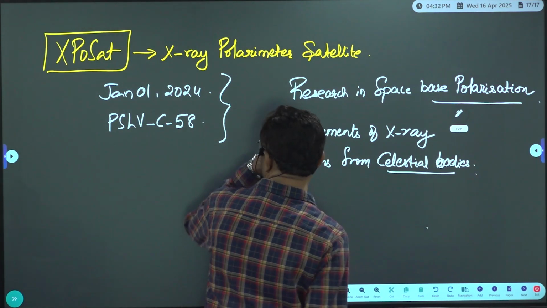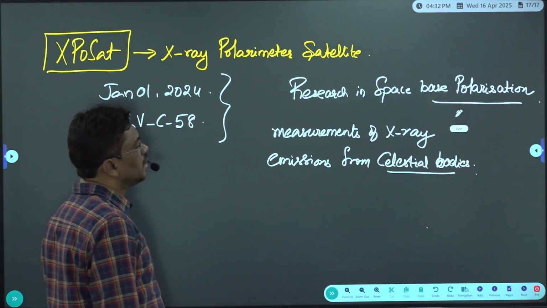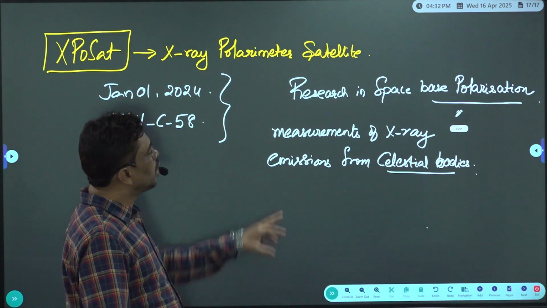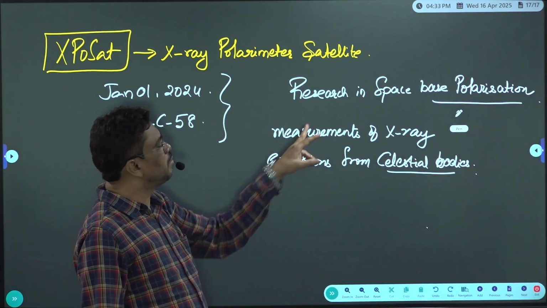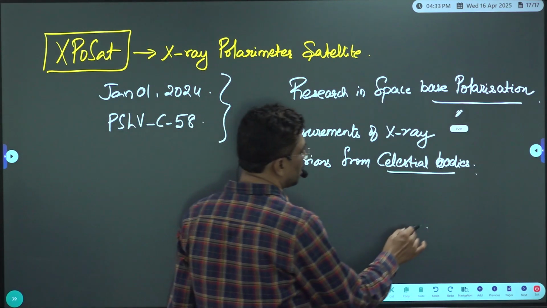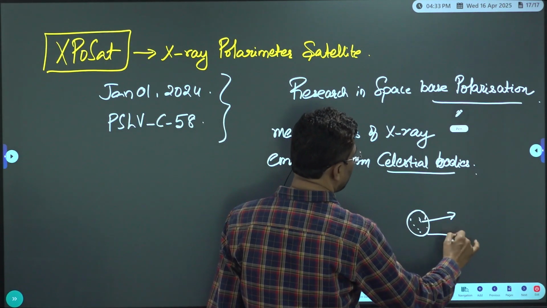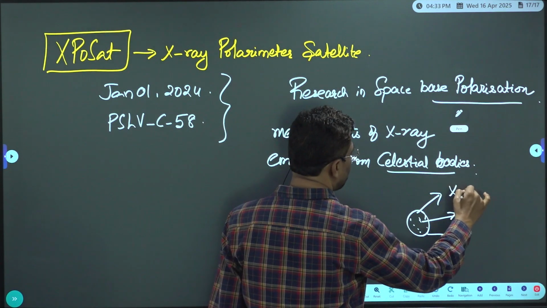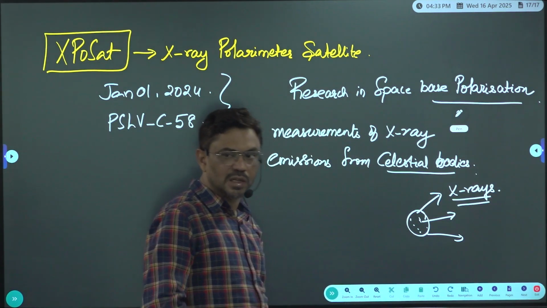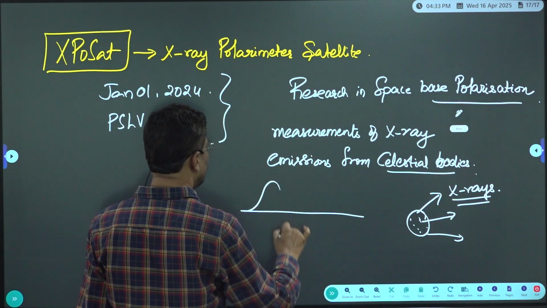That means, suppose this is a celestial body, it emits X-rays. So what types of celestial bodies exist in the universe can be observed by using these polarization measurements.